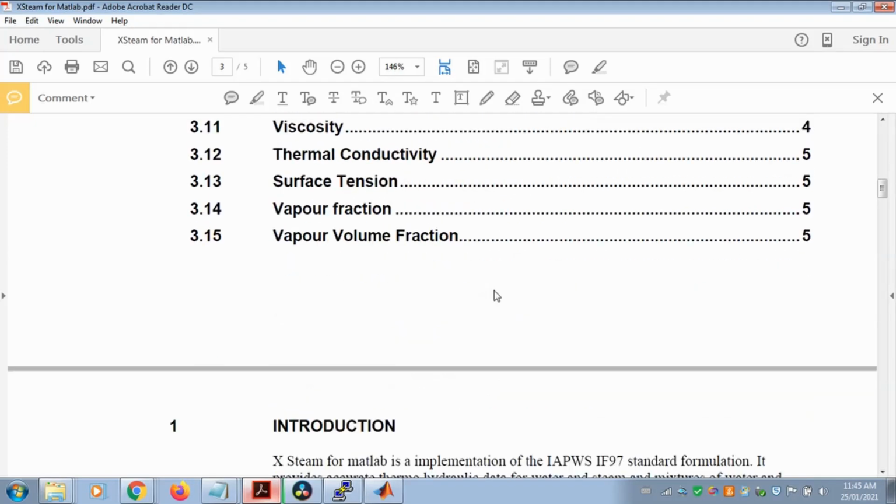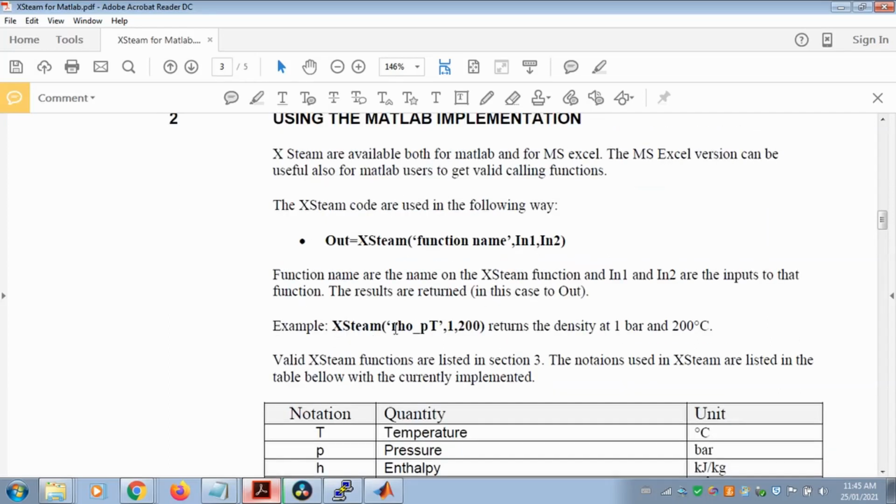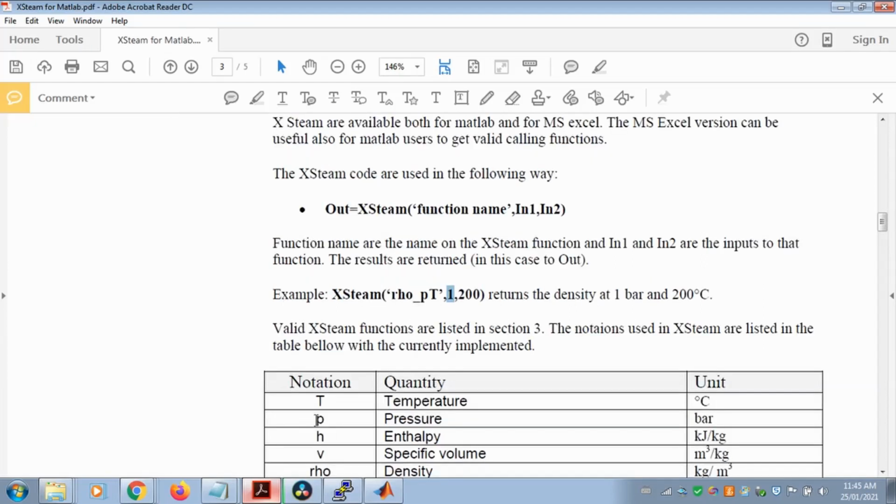Here you have a simple example listed. For example, if you are looking for the density, so the inverse of the specific volume, at a pressure of 1 bar and 200 degrees C, here you have to be careful because the pressure in Xtheme is in bar. So all the values that we have in our Rankine cycle in kilopascal or megapascal have to be converted to bar.